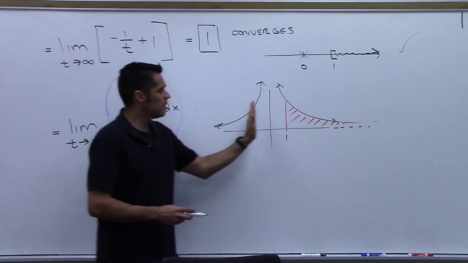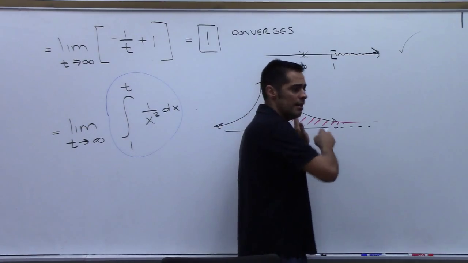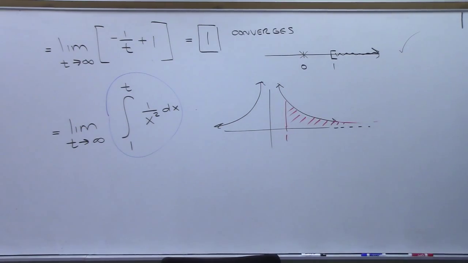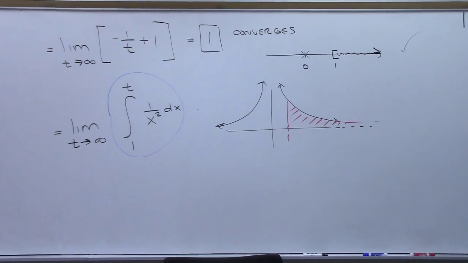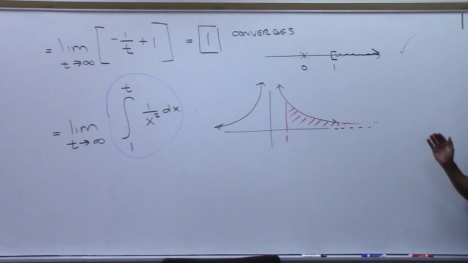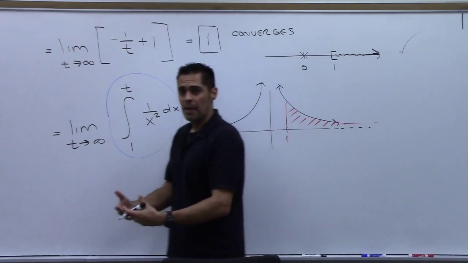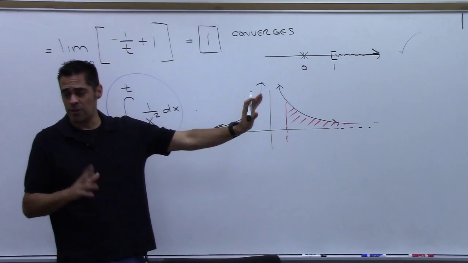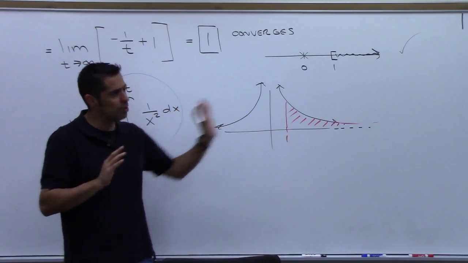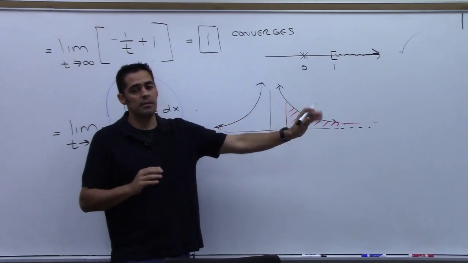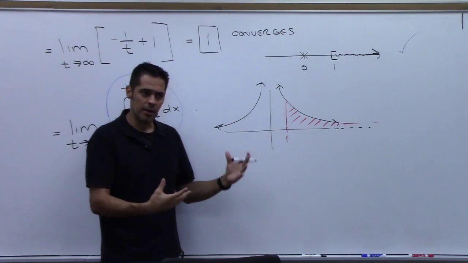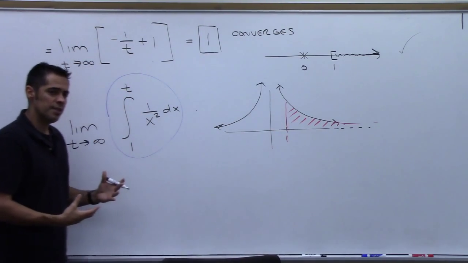So if I were to go out here, let's say x is 100, what I could tell you is that answer is going to be less than 1. If I go out further than 100, if I go out to 1,000, it's going to be even closer to 1. If I go out to 1 billion, it's going to be even closer to 1. And if you could continue to go forever, which you cannot do, but if you could go forever, then it would be the number 1. That would be the area underneath that curve. Understand?